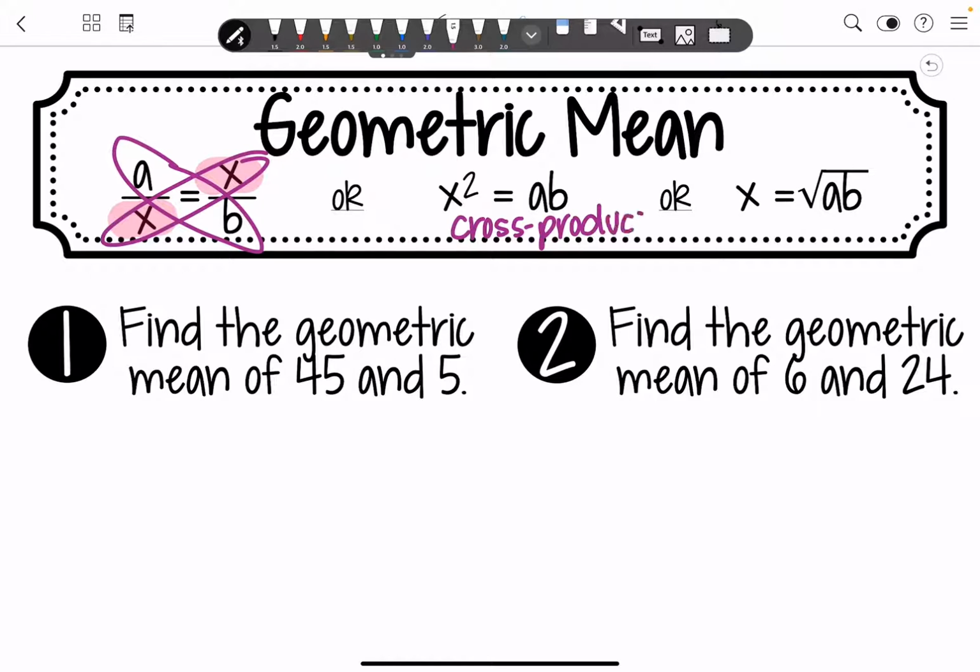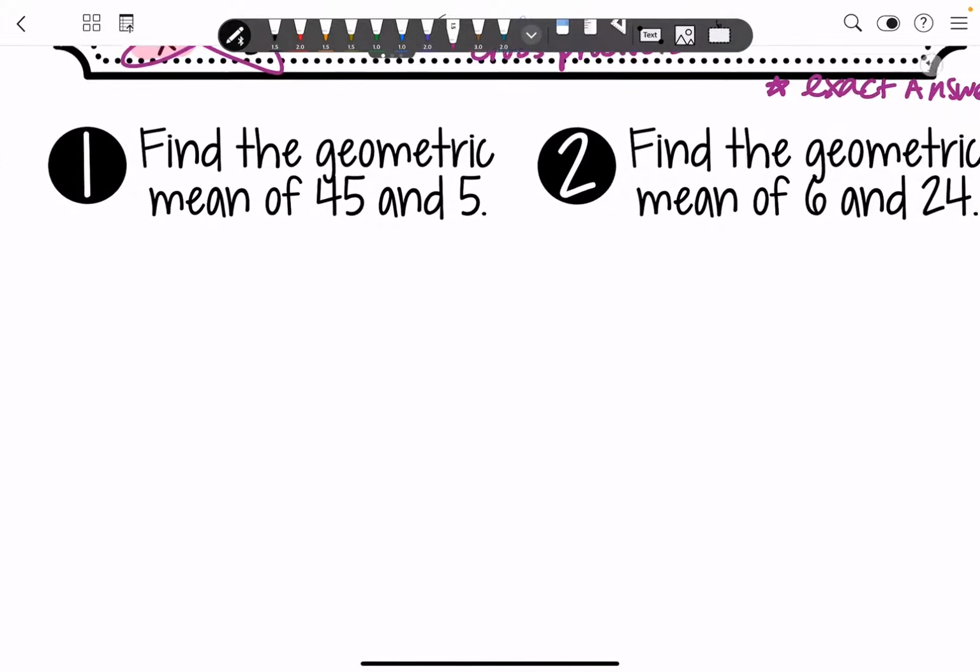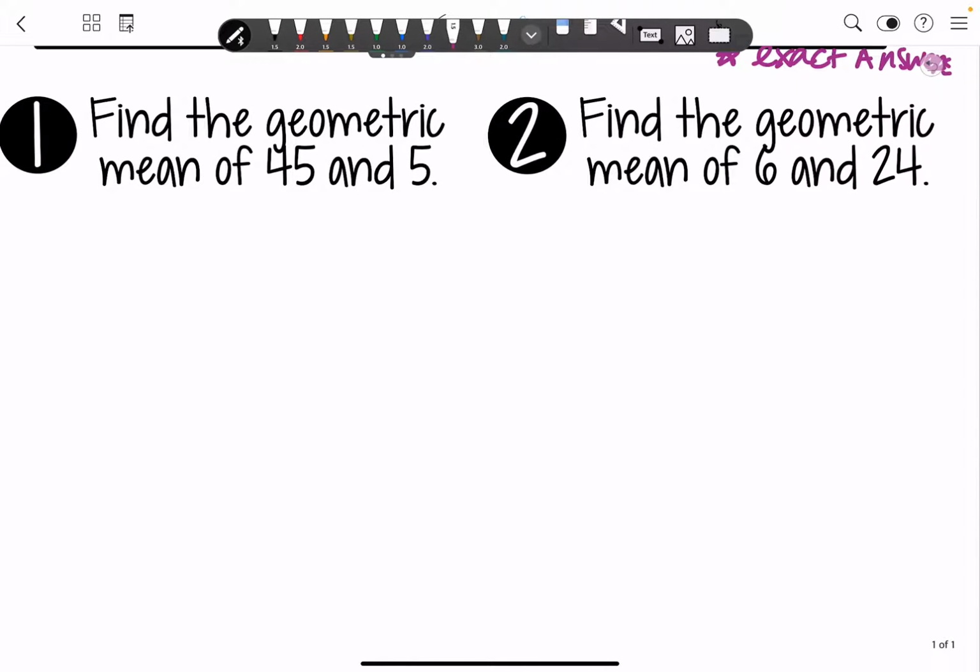Then, in order to solve for x, you take the square root, because the square root is the inverse of squaring something, and you get the square root of AB. Remember that you must simplify radicals. We want exact answers, unless otherwise told.